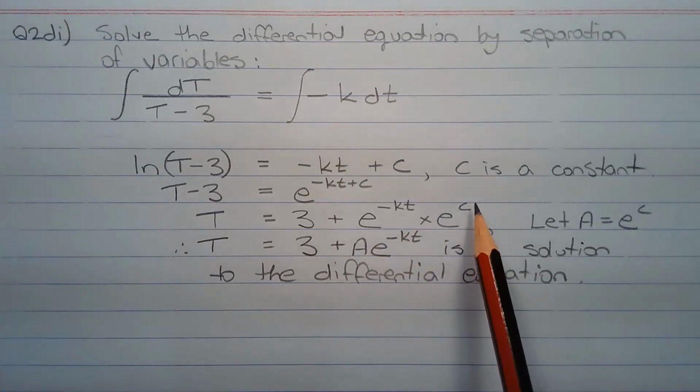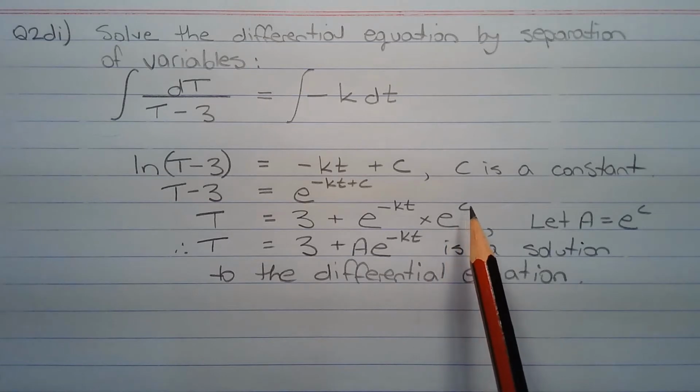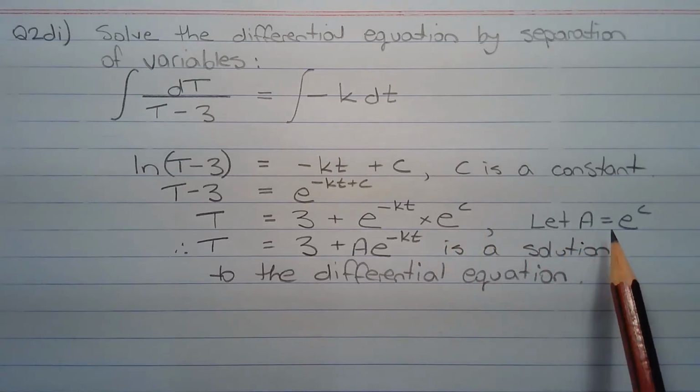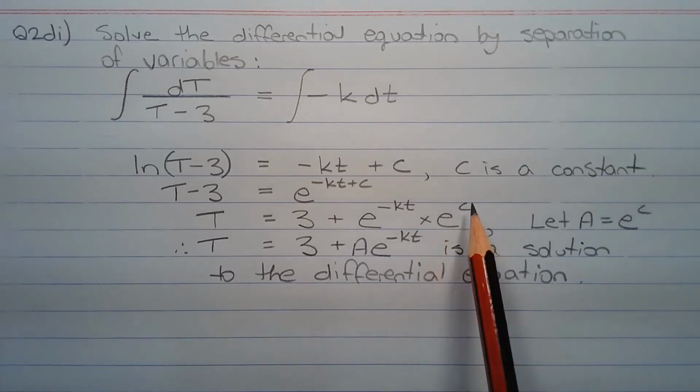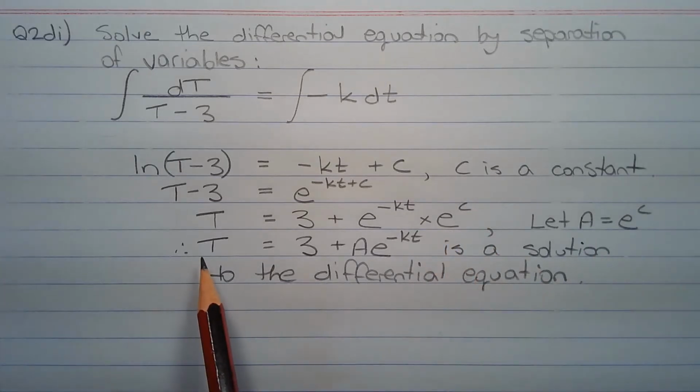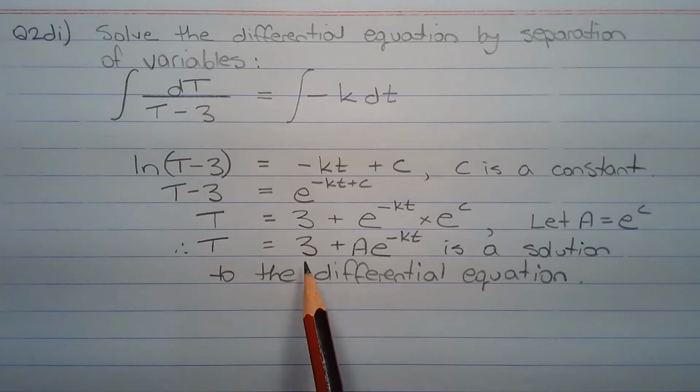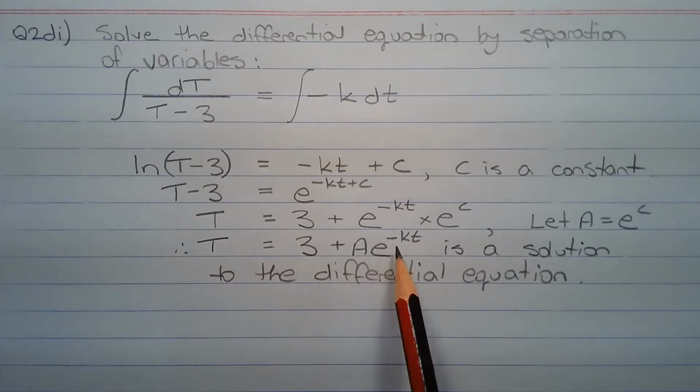Now since c is a constant, e to the power of c is a constant. I'm going to let a equal e to the power of c. So replacing e to the power of c with a, we have T is equal to 3 plus ae to the negative kt, and this is a solution to the differential equation.